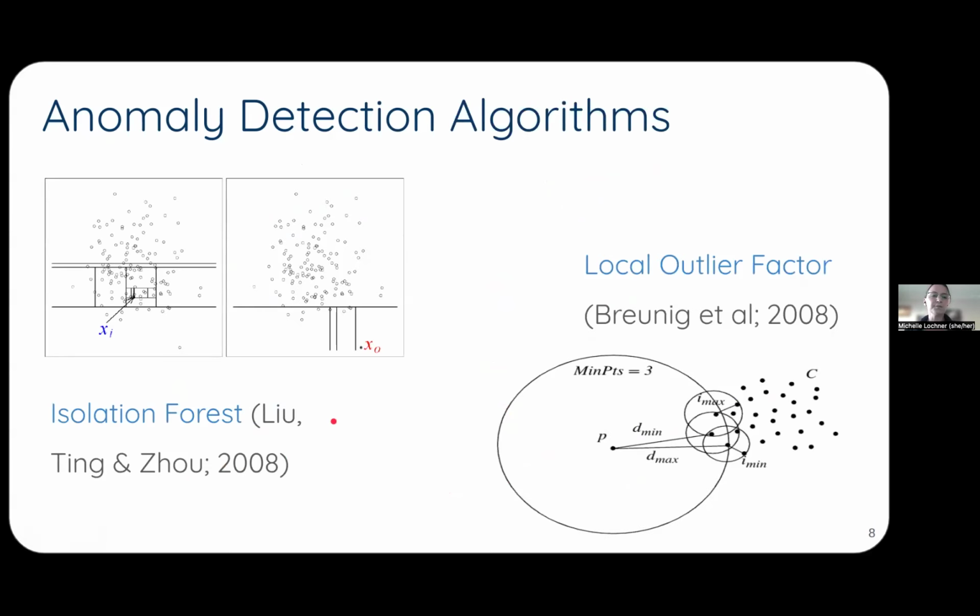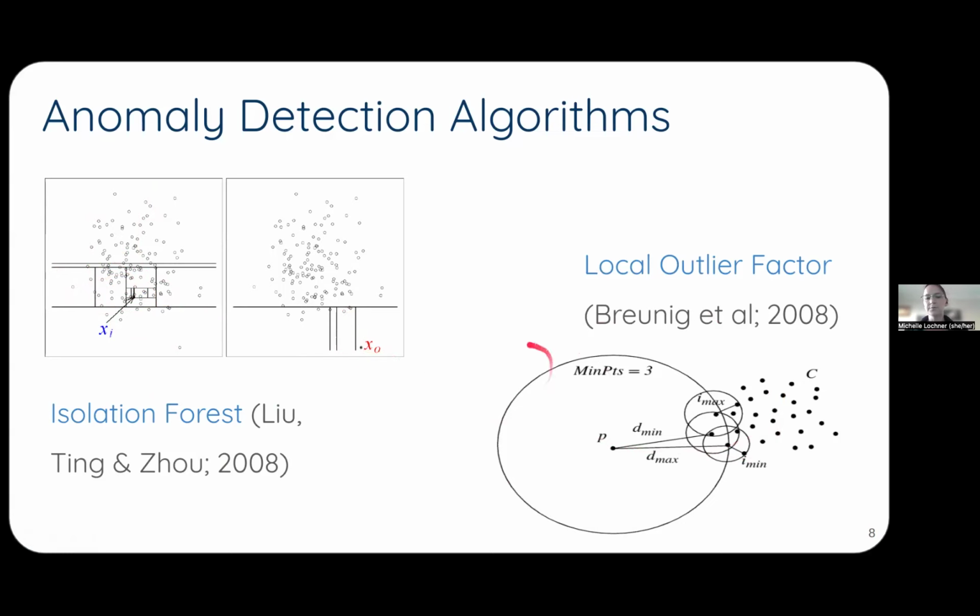Some examples of machine learning algorithms that are used for anomaly detection include isolation forest, which is based on the very famous random forest classification algorithm, where in this case, the algorithm basically tries to make a series of decisions in order to isolate each point. And if it has to make lots of decisions, lots of cuts, that point is probably buried amongst a lot of its neighbors. And if it only has to make a couple of cuts, it's probably somewhere on the edge and therefore maybe anomalous.